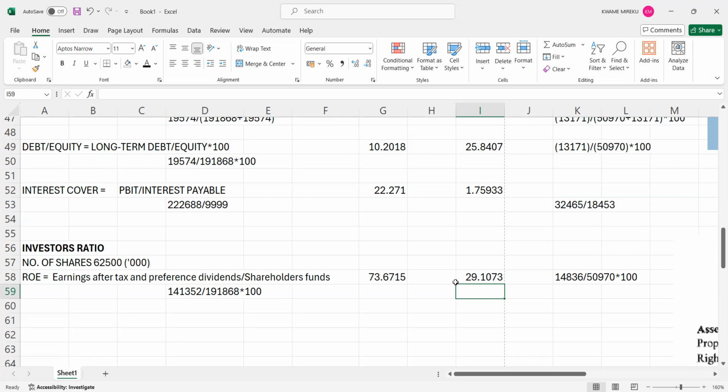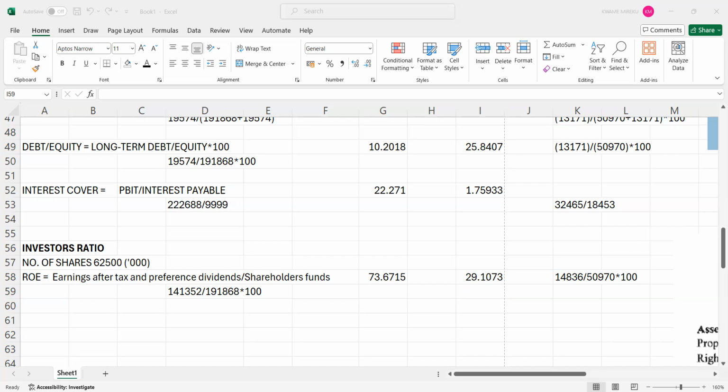That is a massive improvement on the previous year. So it means the company is making more earnings for the owners. And that could be a good investment to buy if this trend continues, because the dividends are going to be managed from the earnings the company makes over a period of time.